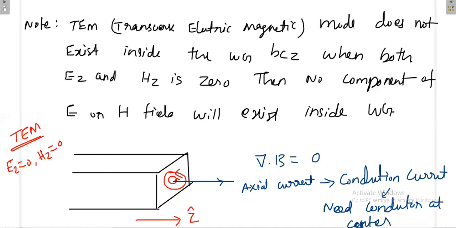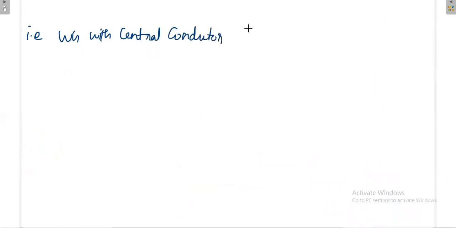But from this explanation, it is clear that if you have a central conductor inside the waveguide, then it can carry the TEM waves. A waveguide with a central conductor can carry TEM wave, otherwise not.